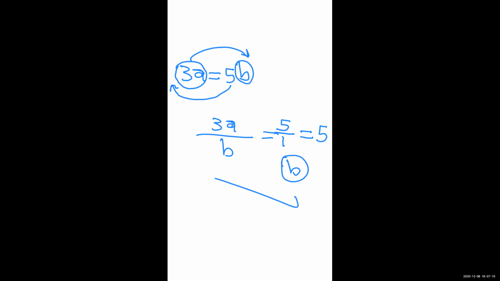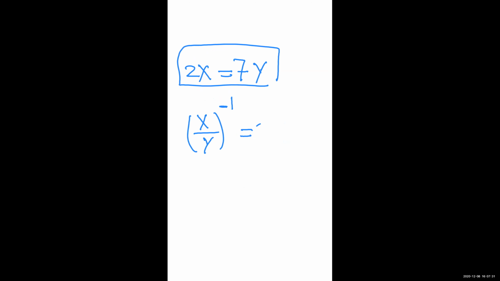The next question: 2x equals 7y. Then x over y all at the power of -1 equals. Okay, 2x equals 7y, so this means x over y will equal 7 over 2.